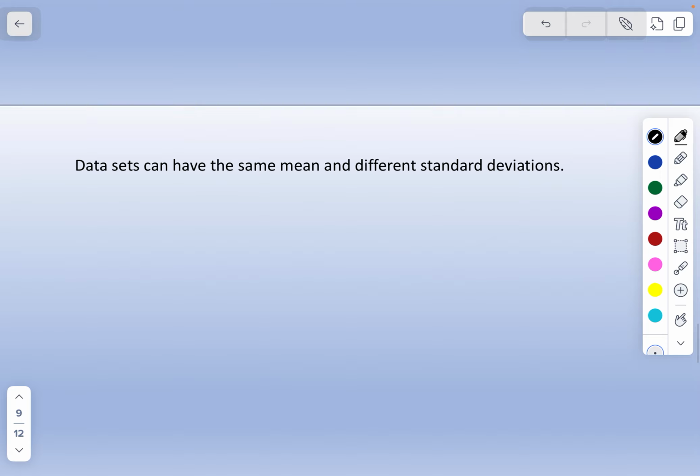Data sets can have the same mean, but different standard deviations. Now, what does that mean? Well, let's say you have a list of 4, 5, 6, and 7, okay? The average of those is 22, I'm sorry, divided by 4.